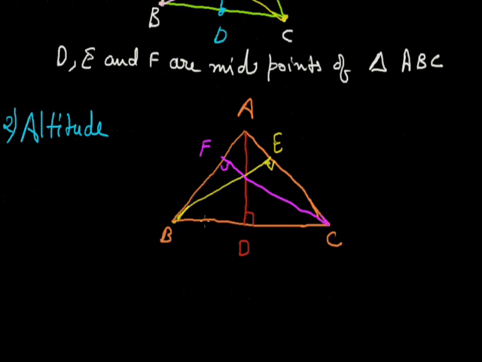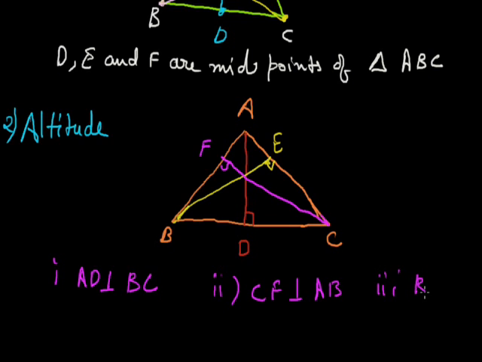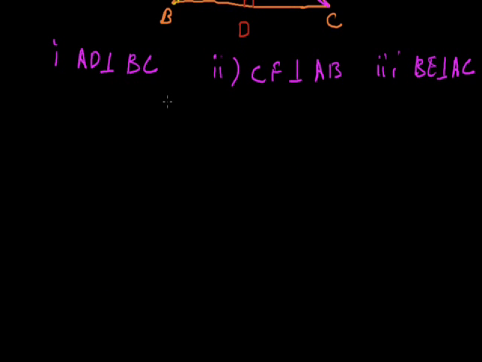So we can say there are three altitudes in a triangle: AD is perpendicular to BC, secondly CF is perpendicular to AB, and the third one is BE is perpendicular to AC.